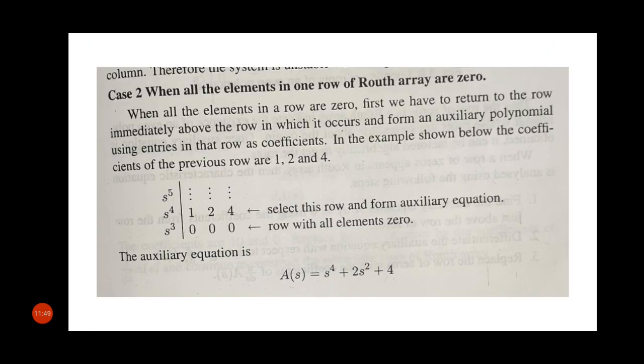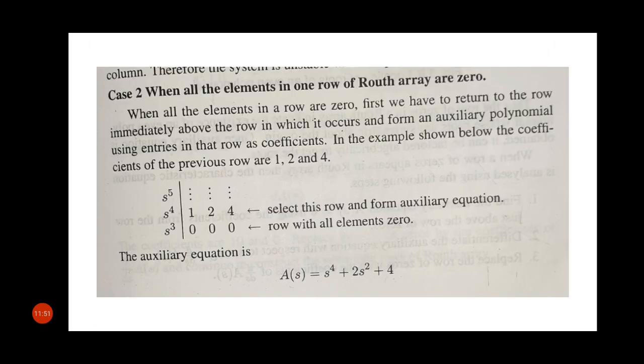Then the Routh array is constructed for the remaining rows in the usual manner and tested for sign changes in the first column.